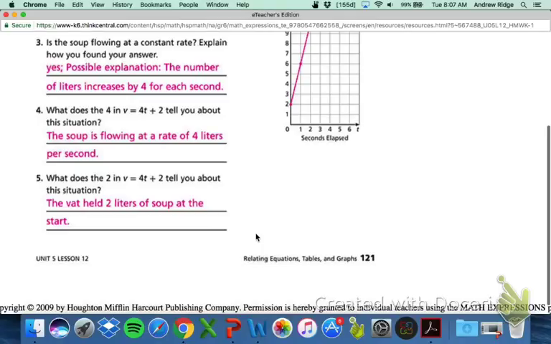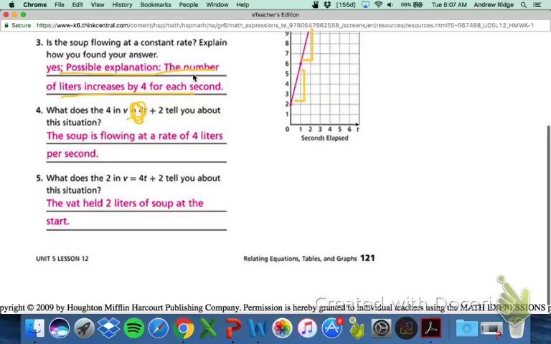So here we go. Yes, is it flowing at a constant rate? You can tell that by the line, or you can say when you drew the rate triangle, you could see that it was going up at a constant rate of 4 per second. So what does the 4 in V equals 4t plus 2 tell you? 4t, that 4 is the rate, right?